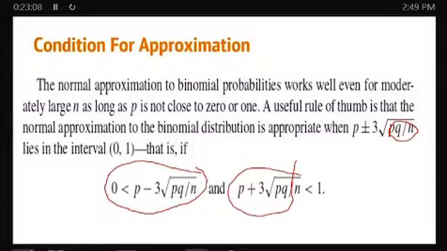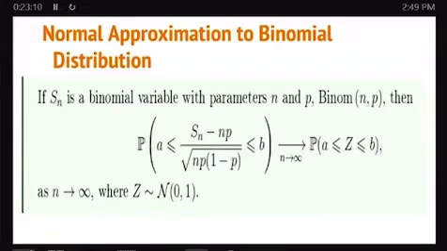Now, I'm going into the theorem: the normal approximation to binomial. If Xn is a binomial variable with parameters n and p, then don't forget, in binomial, the mean is np. If the mean for Bernoulli is p, the mean for binomial is np.